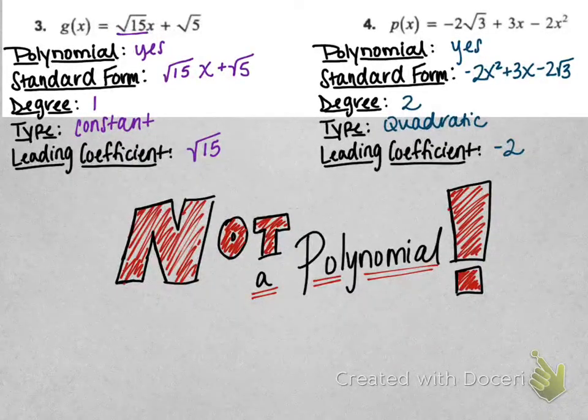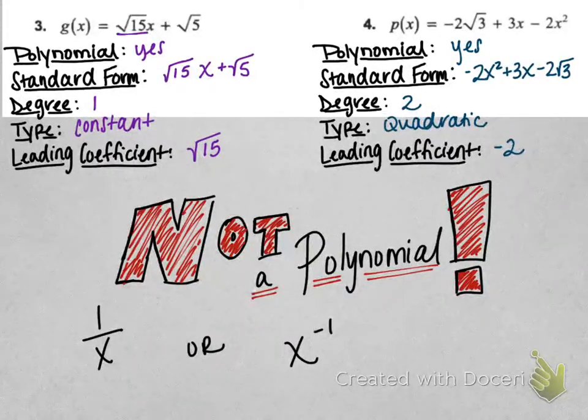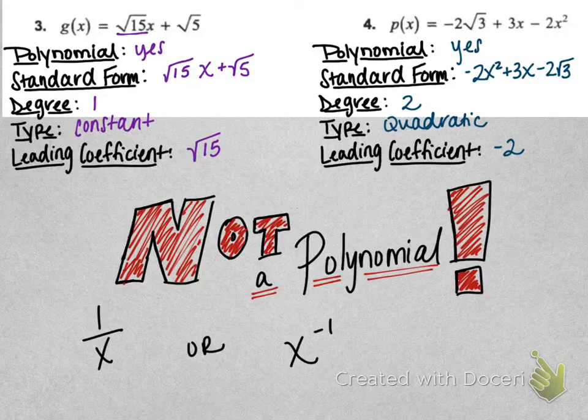You're looking for, again, if we have a variable in the denominator, or if we have a power of -1, so let's say we had x to the power of -1, because in reality, these two items are equivalent. We'll learn about that later, but for now, just know that if you see in the denominator or to the power of a negative, we know that it is not considered a polynomial.